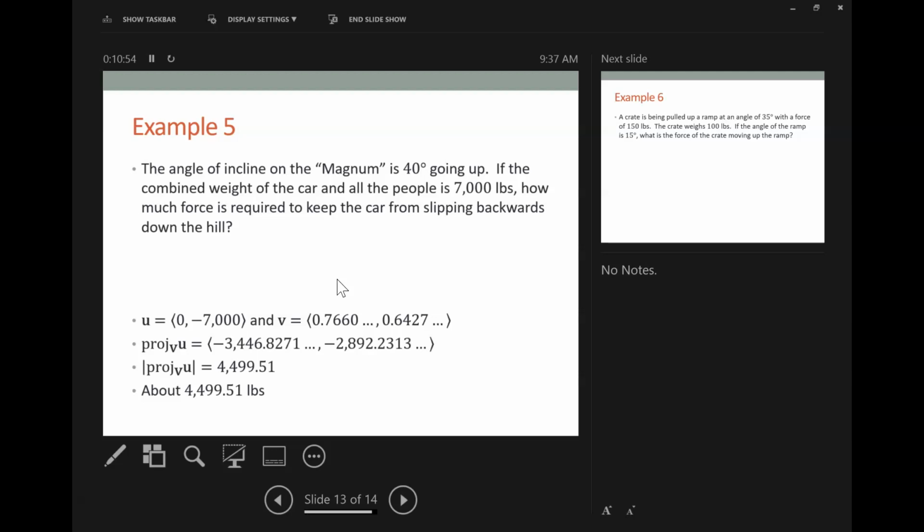Cosine 40, sine 40. Oh, times the 1? Yeah. Yep.